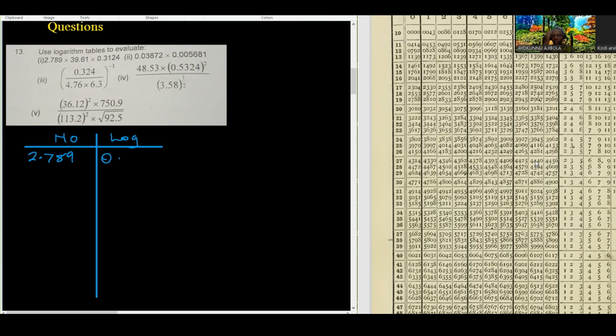Did you check 27 under 8 before? Okay, I have not checked the difference. So 4440. Then difference 9 is what? 14. So what is 40 plus 14? That should be 54, right? Yes, sir. So this will be 4450.